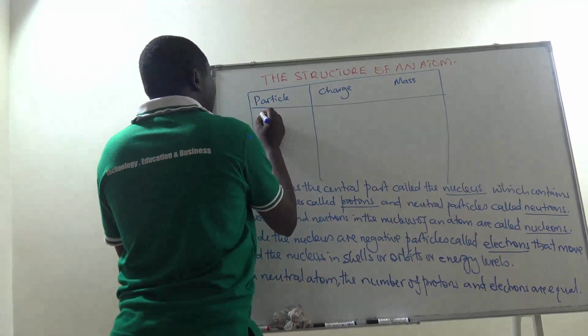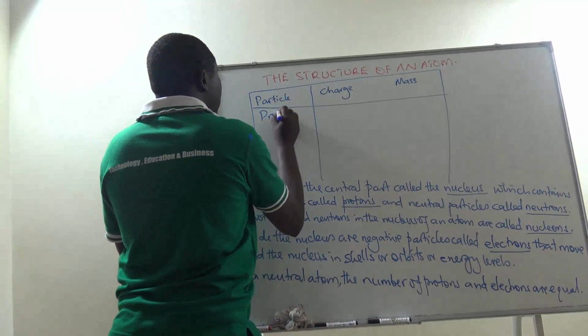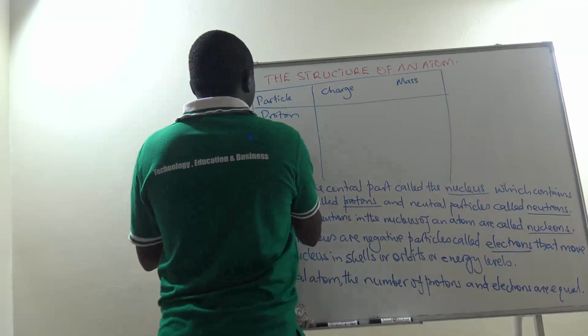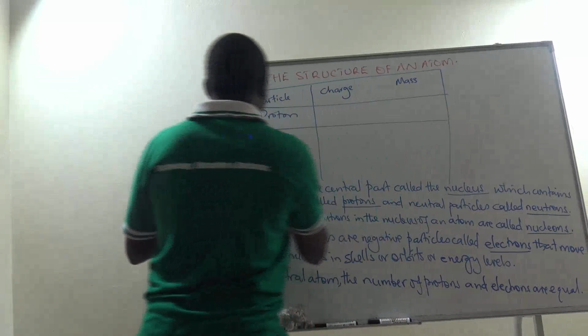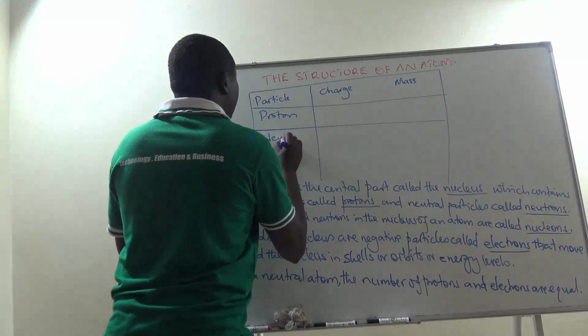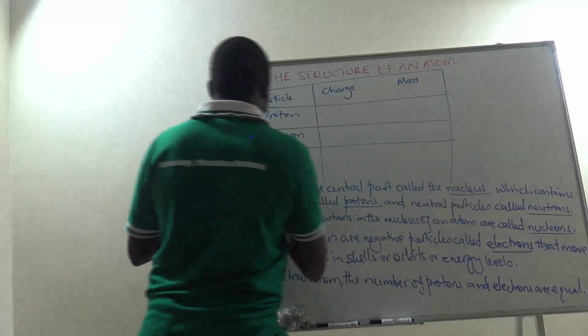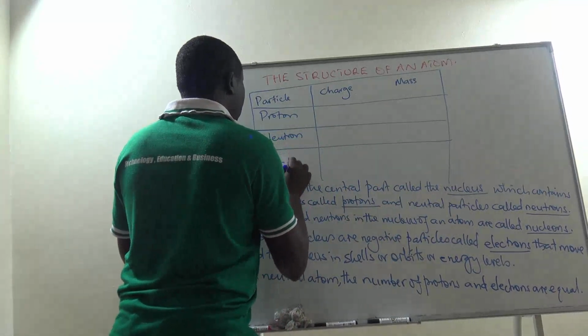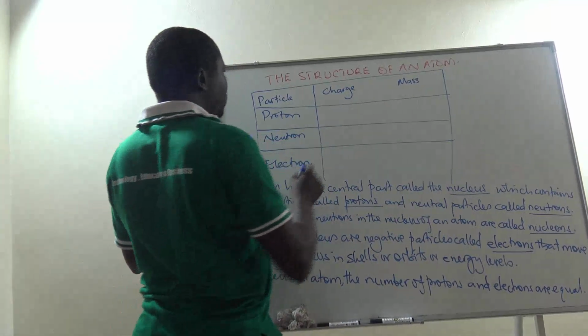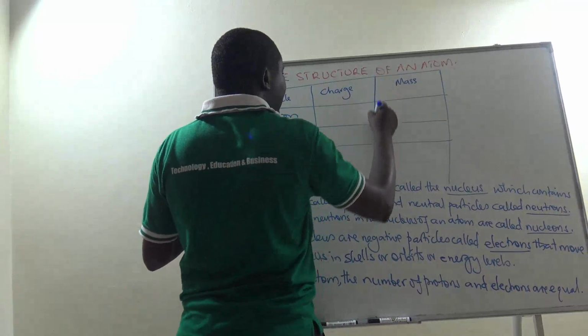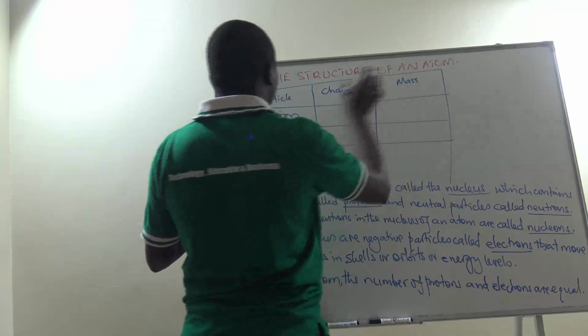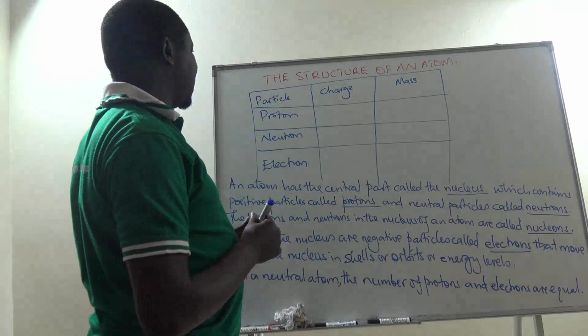So the particles we have are protons. So we have a proton, we have a neutron, and then we have an electron. So let us look at the charge and the magnitude of mass of each of these subatomic particles.